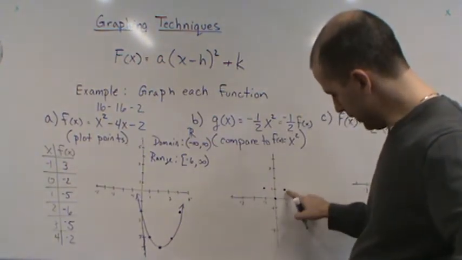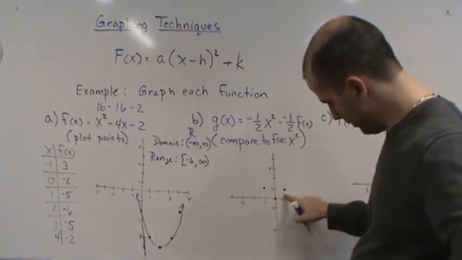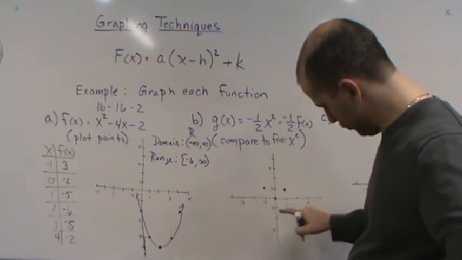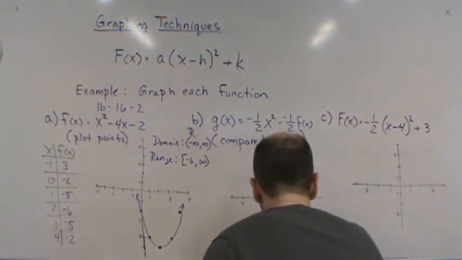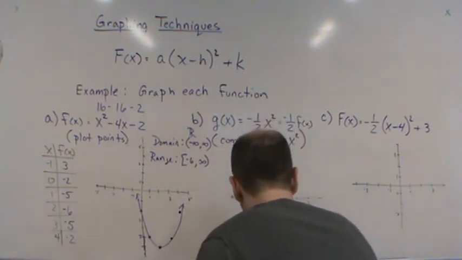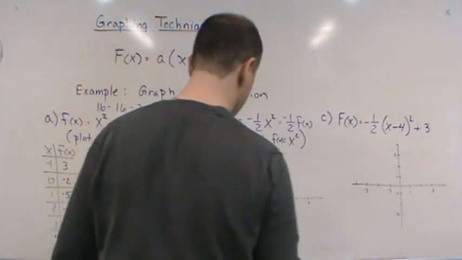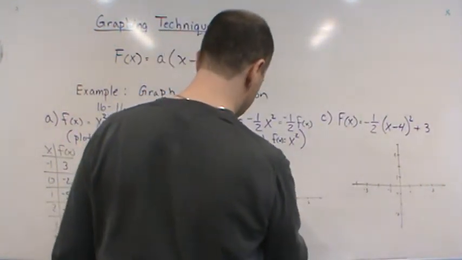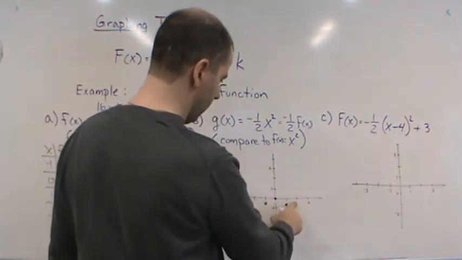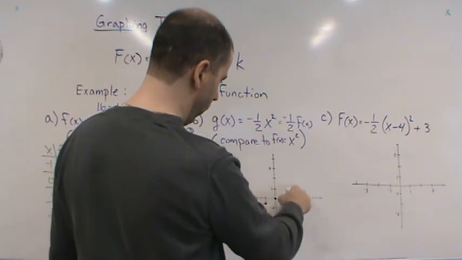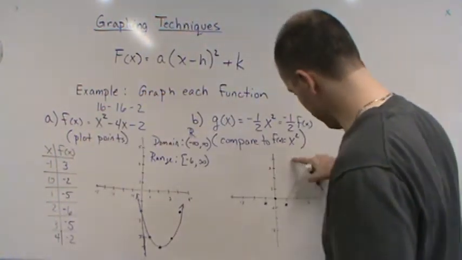Right? So it's going to be cut in half, so it's going to go down to 1/2, but then it's going to be flipped down to negative 1/2. So it's going to be down at negative 1/2, and this is going to be down at negative 1/2, right? And so at 2, right, when x is 2, if we're talking about the basic function, 2 squared is 4, so we're going to be down here, right? We're going to be up here.